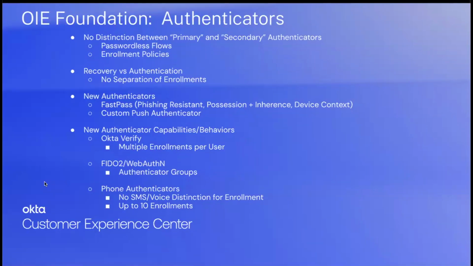Here, from an enrollment standpoint, it's just phone, and only at the time of the challenge would the user get asked, how do you want to receive this code? Do you want to receive it via SMS, or via voice call? In addition, you can have up to 10 enrollments for the phone factors.